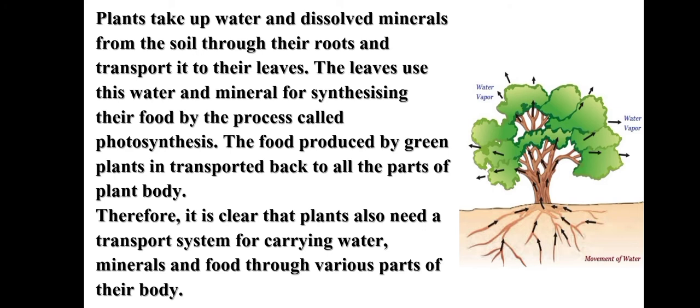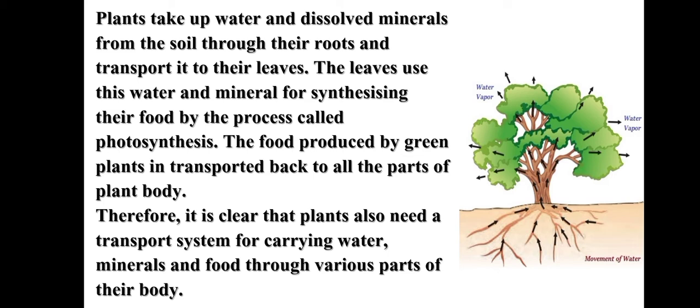Children, all of you know that during the process of photosynthesis, plants take up water and dissolved minerals from the soil through their roots and transport it to their leaves. The leaves use this water and mineral for synthesizing their food by the process of photosynthesis.